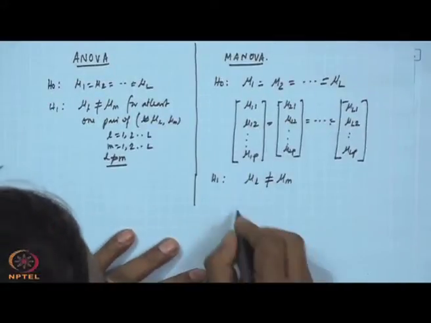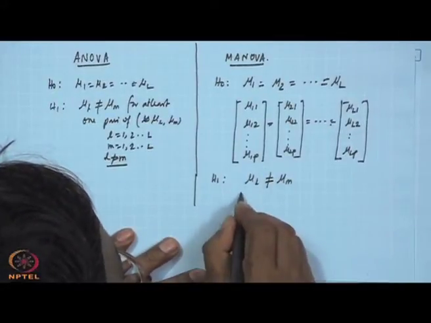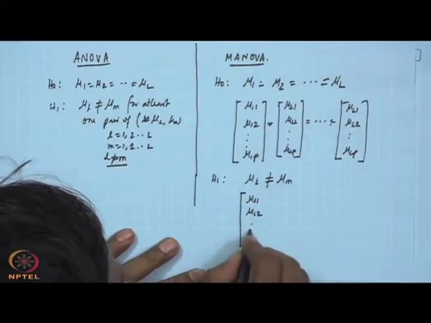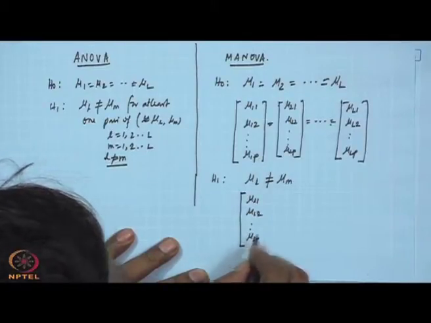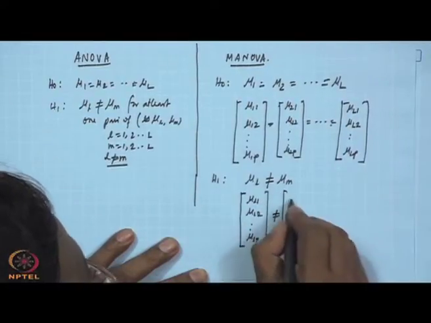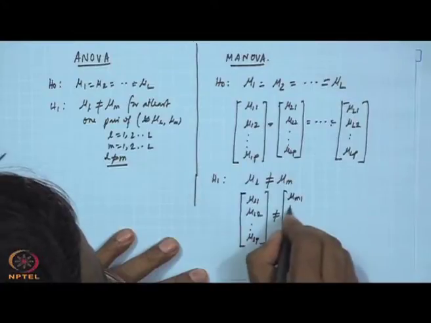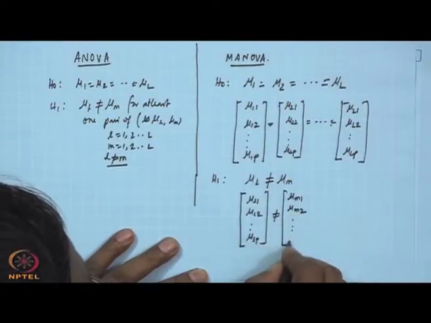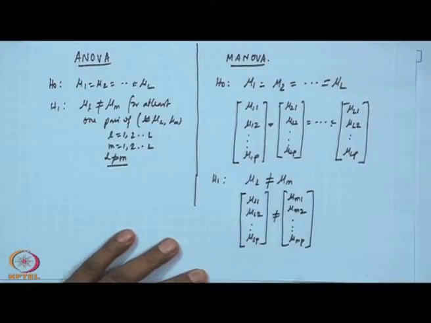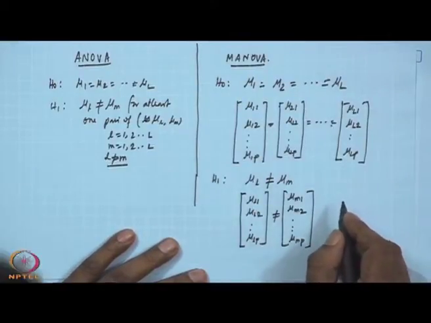By saying this, you are saying that mu L 1, mu L 2, mu L p is not equal to mu m 1, mu m 2, for at least one pair of LM.